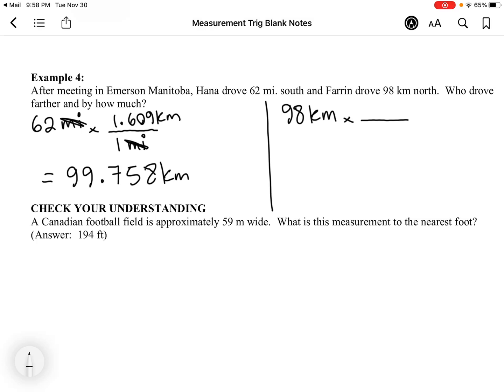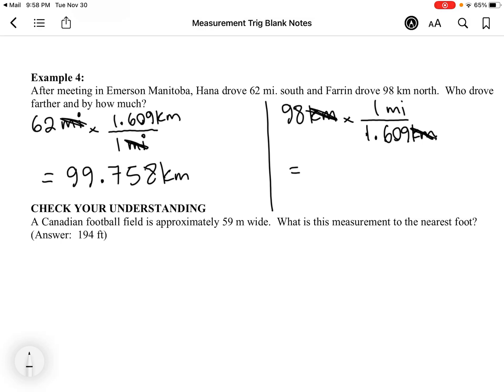So you could either multiply by this, the exact same thing, but flipped, right? So now these cancel instead. Or you could do the 0.6214 miles in the numerator divided by 1 kilometer. Okay, it's the same though.